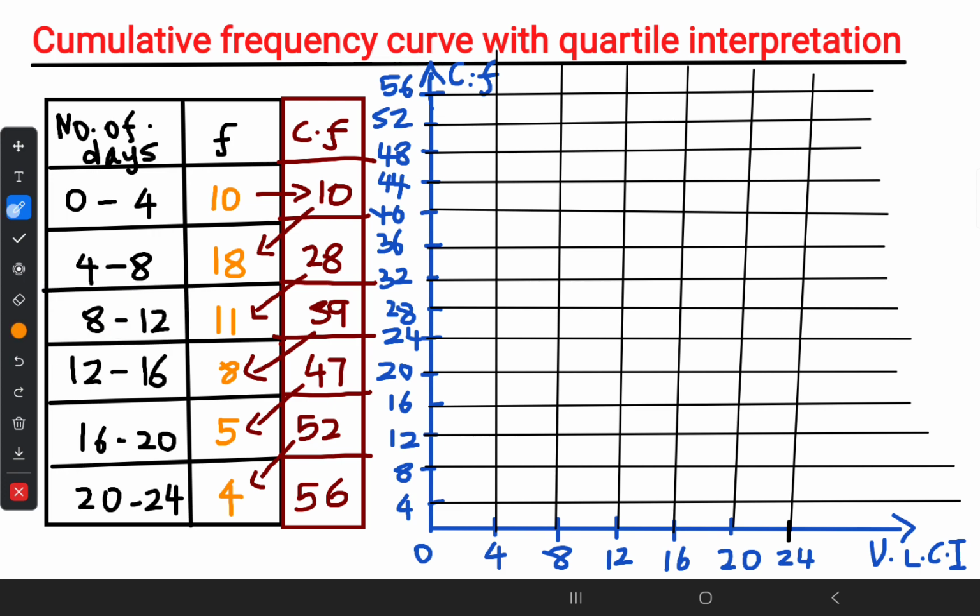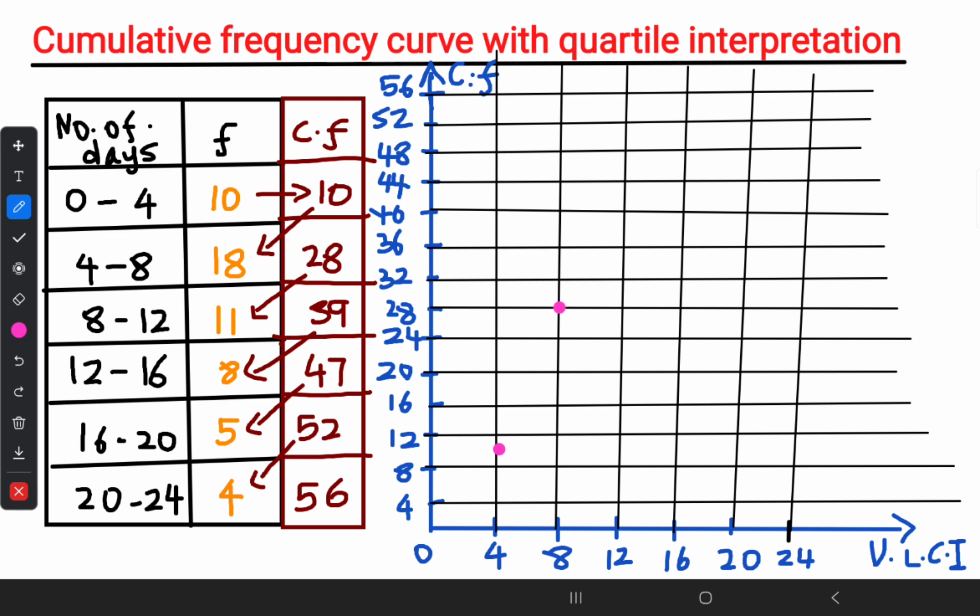Now I will mark all these points. First one, upper class limit and cumulative frequency 4 and 10. 10 means here, in between these two. Next, 8 and 28.